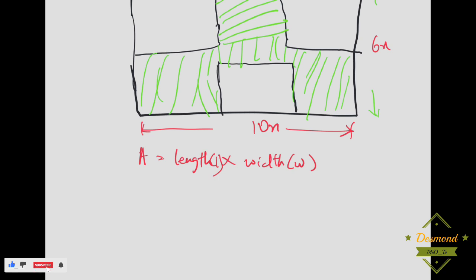Now what is our L and what is our W? Our L, the length, is 10x, and our W is 6x. So to find the area of the whole field, we get 10x times 6x, and when we do that, we get 60x squared units squared, right?